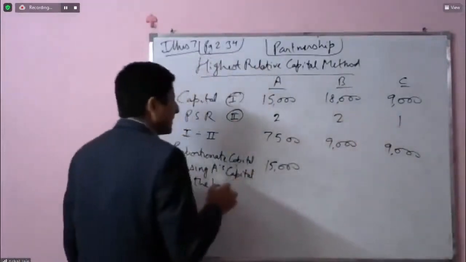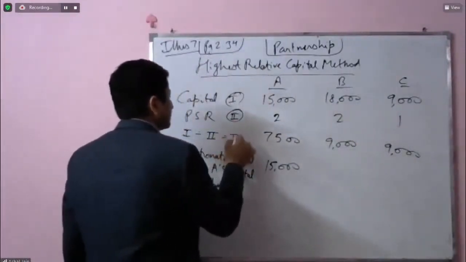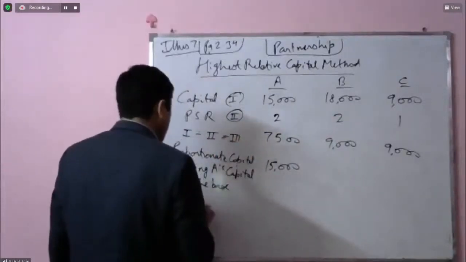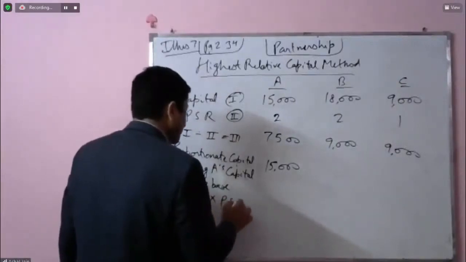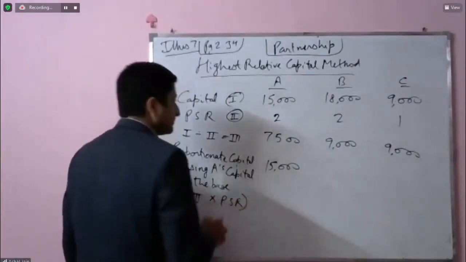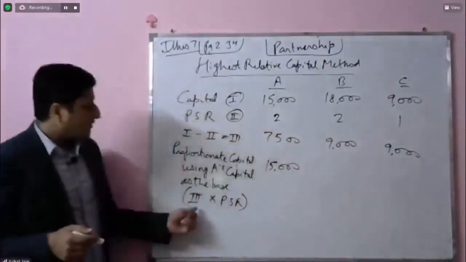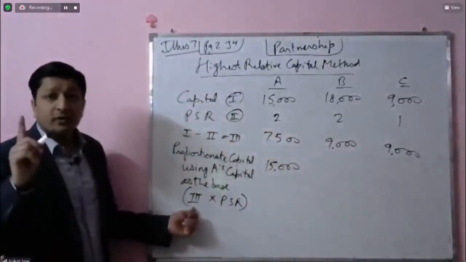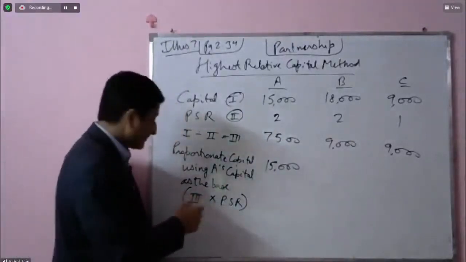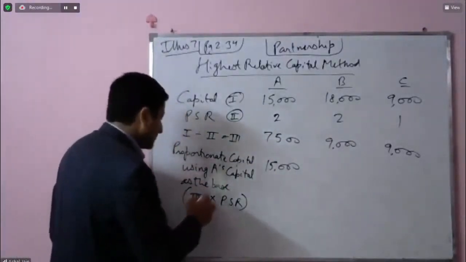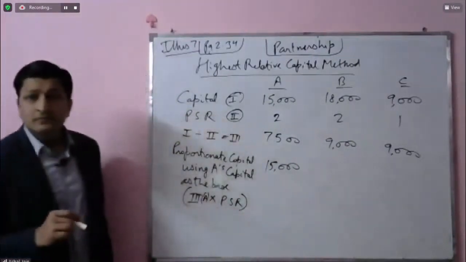So we'll have to just simply multiply. Let's suppose this was third. We'll have to simply multiply this with profit sharing ratio. And over 3, we will be only looking at capital of A. So this will not be completely third. This will be third A, for example.